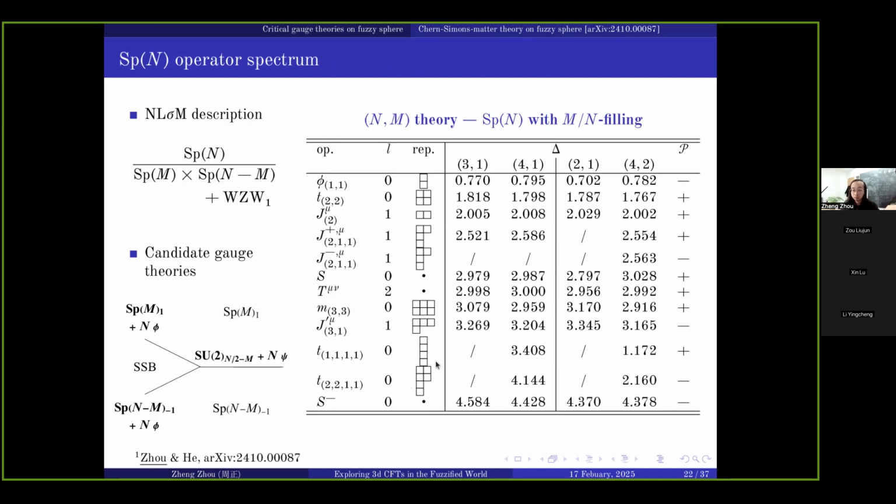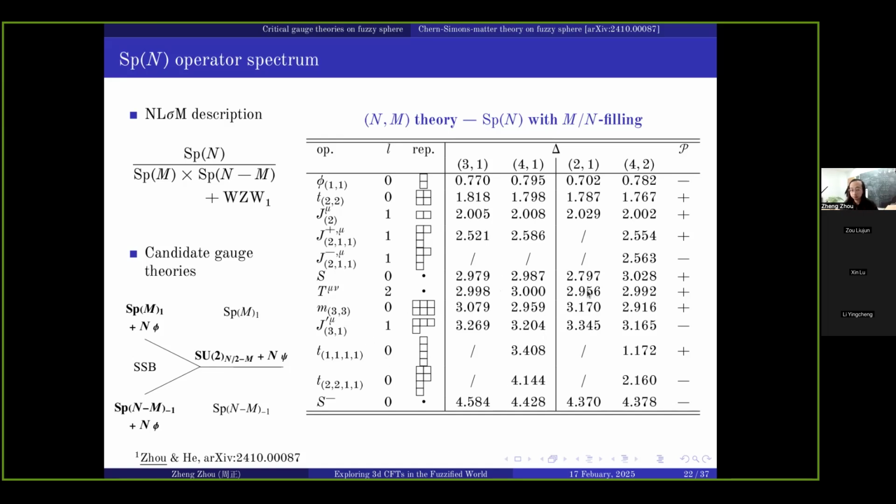We are trying to repeat that calculation for the square diagram. That is the perturbative calculation that determines the Wess-Zumino-Witten term.